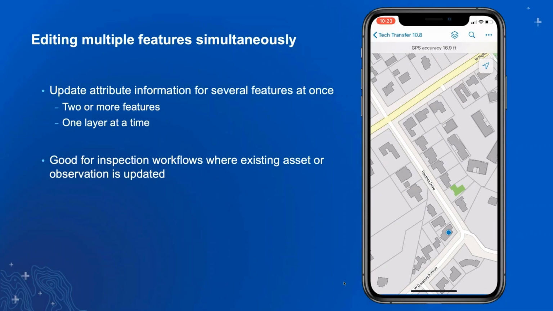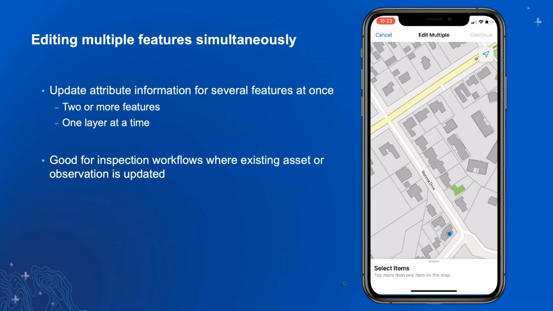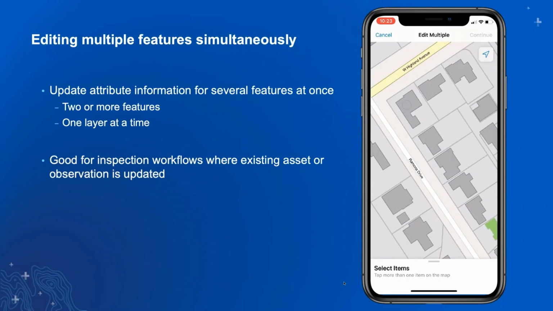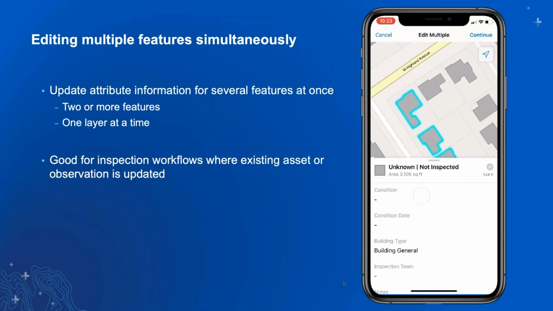So by tapping the menu on the upper right, I can select Edit Multiple, select a number of buildings in this case that I want to inspect because they all should have the same value. I can also remove those if I accidentally selected one that I wasn't interested in. And once I'm satisfied with the features I've selected, the buildings here, I can hit Continue.